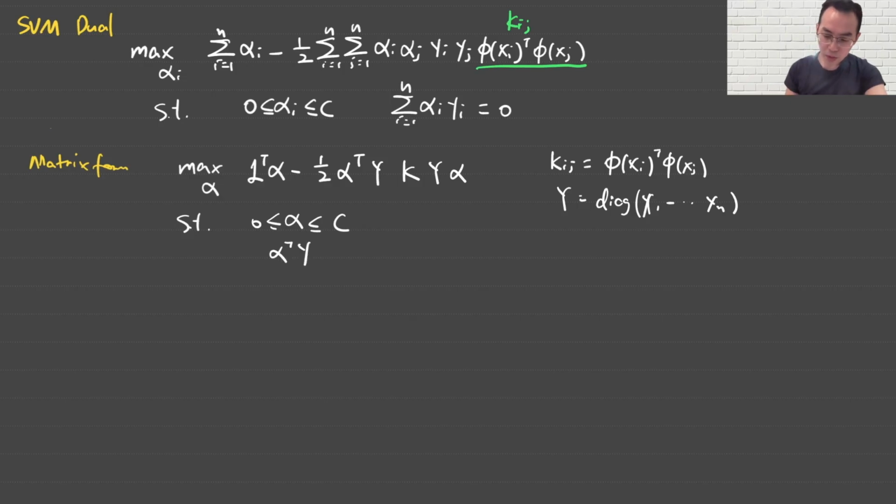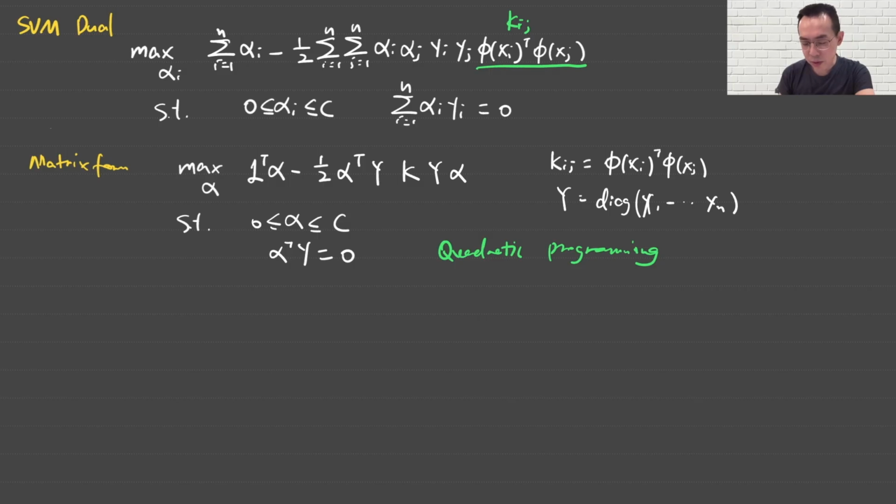Right? So this problem here is called quadratic programming. It can be solved very efficiently. So see here that the constraint is important, right? Because without the constraints, if we just solve this optimization problem, it becomes almost trivial to solve. But once we have the constraints, we need to use quadratic programming to solve this problem.